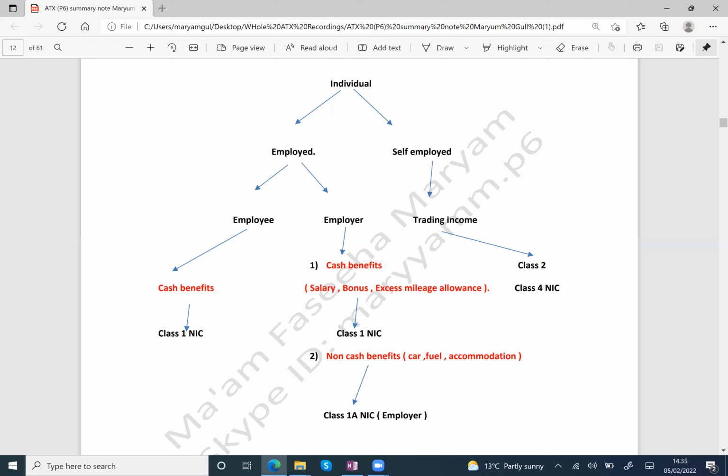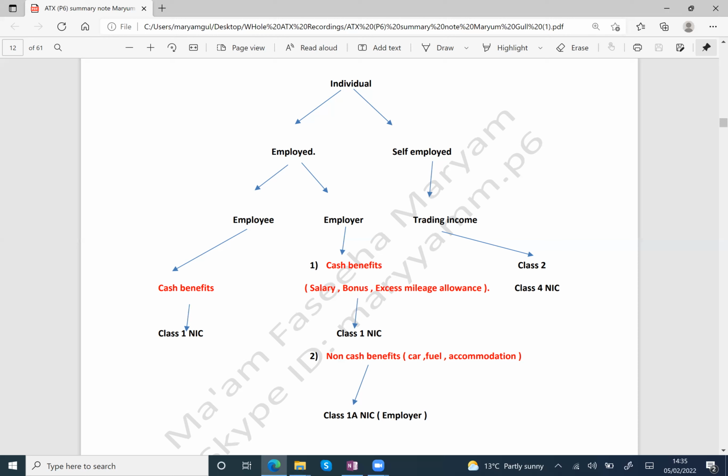Below the employer, you can see number 1: if your employer is giving you cash benefits. Cash, in brackets you can see, salary. Salary is a cash benefit, bonus is a cash benefit, excess mileage allowance is a cash benefit. I will discuss excess mileage allowance in basic employment income in future.